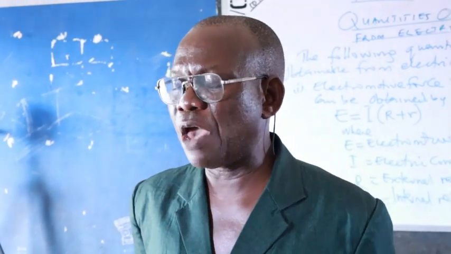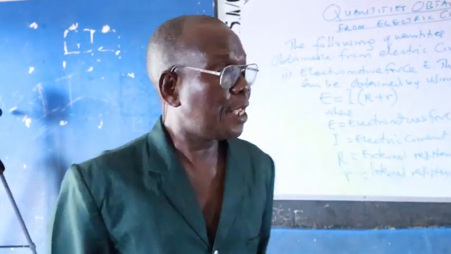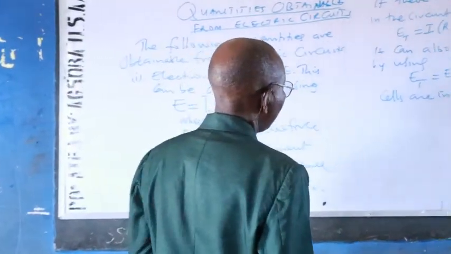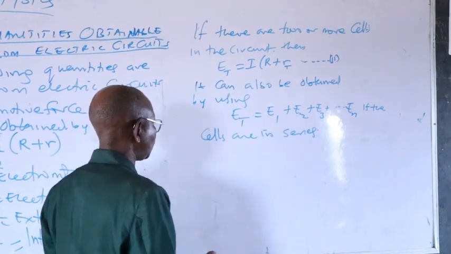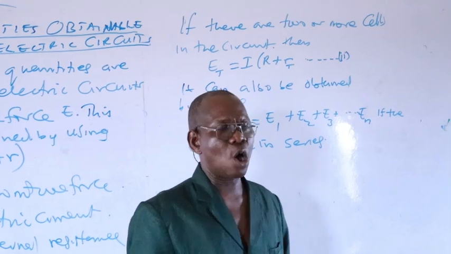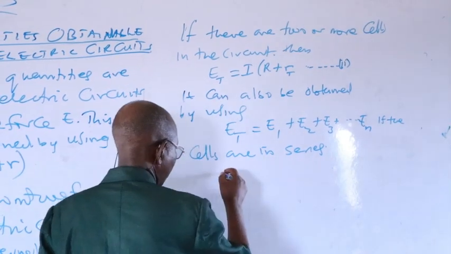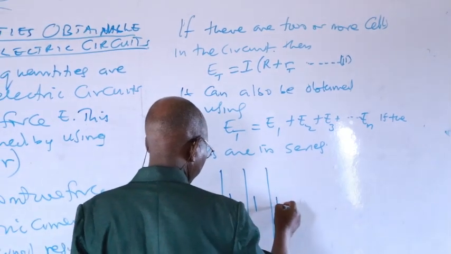The EMF of one cell will be added to the EMF of the other cell. But let me say, if the arrangement in series is in opposite, what do I mean by opposite? Let's quickly look at it. If I have a cell like this, this is 3 cells.